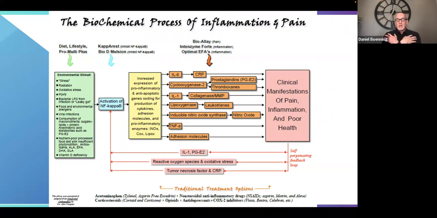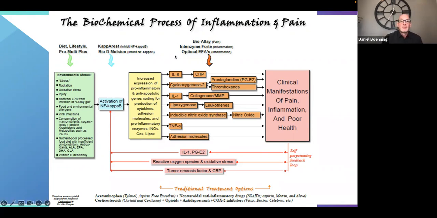But wherever it be, a shoulder, a knee, whatever's going on, it's these lifestyle choices over here. Remember I showed you those deep fried frozen Twinkies? Those are the lifestyle choices on the left, in the green here. Poor diet, stress, injury, leaky gut activate NF-kappa B, create all this cytokine storm, and lead, on the right side, to clinical manifestations of pain and inflammation and poor health.